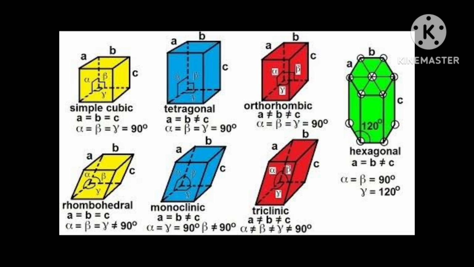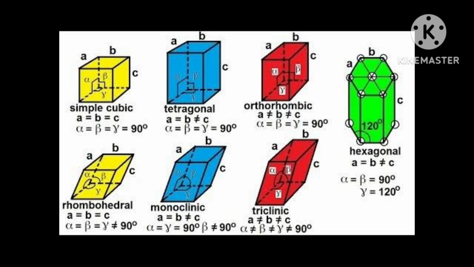The third possibility is that on each face, 6 faces are there in a cube, in the center of each face 1 particle will be there. Hence, in cubic, 3 possibilities are there: primitive, body centered and face centered.